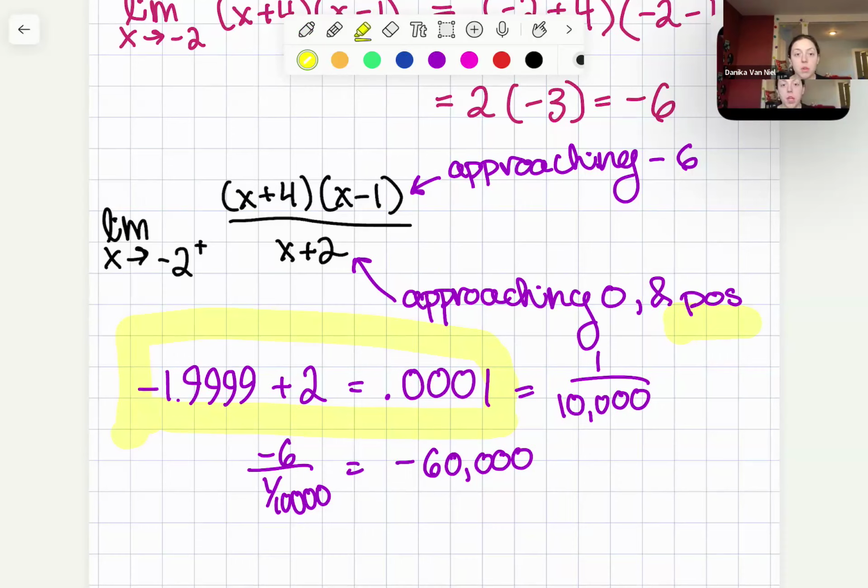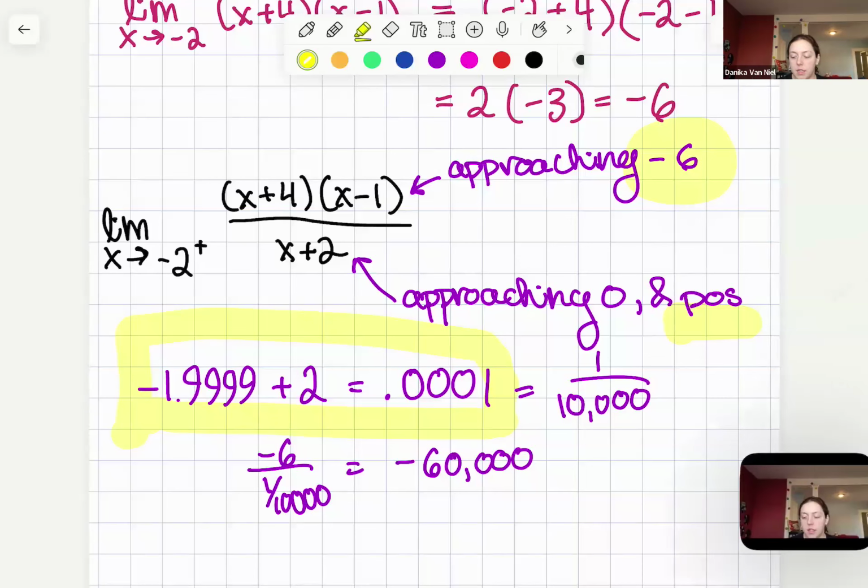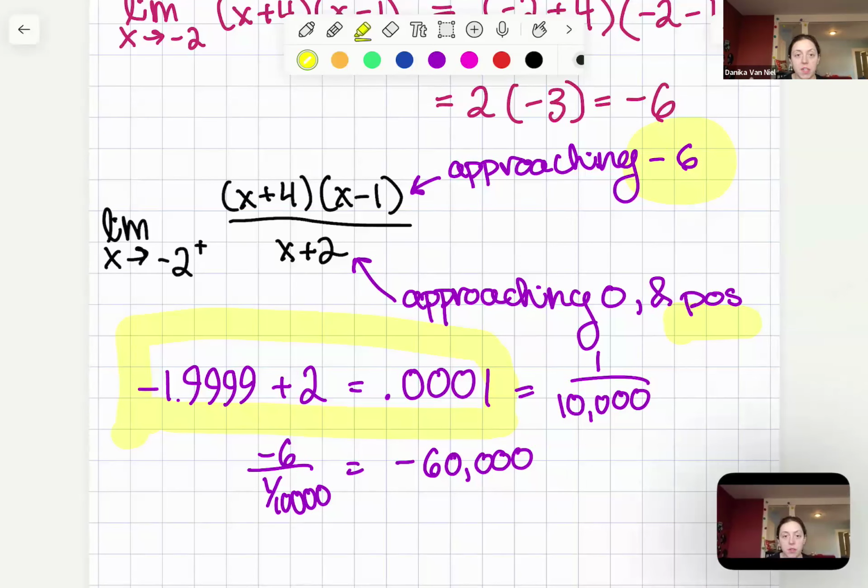So this numerator is negative, and we have a negative over a positive and we're exploding. So what are we exploding to? We're exploding to negative infinity.